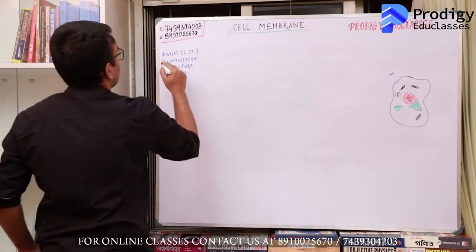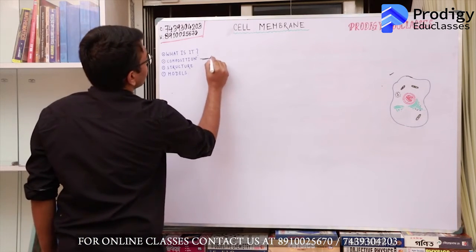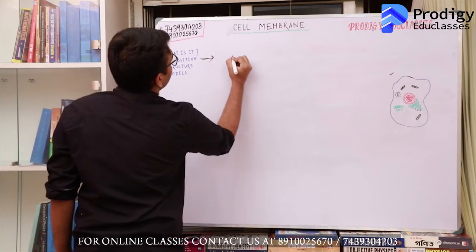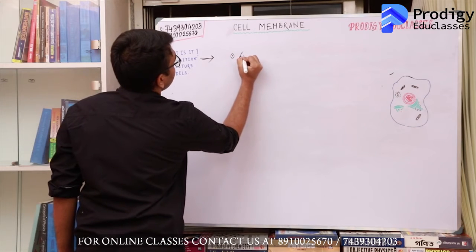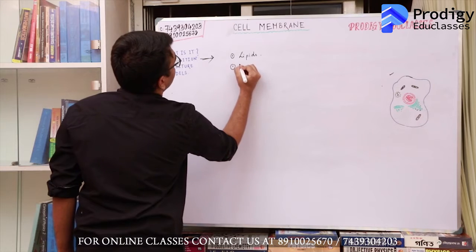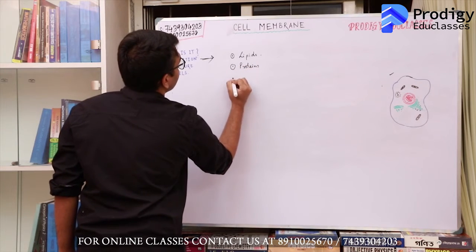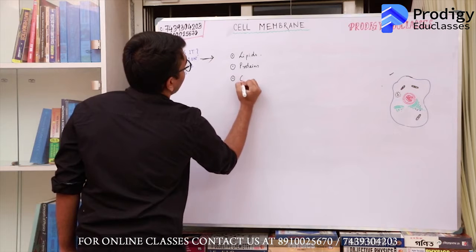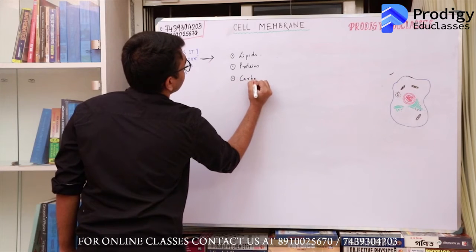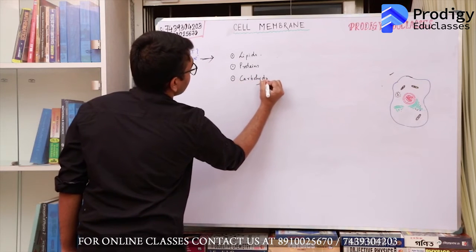Okay. So next we'll come to the composition of the cell membrane. If you look at the composition of the cell membrane, you'll find that it is composed of lipids, proteins and carbohydrates.